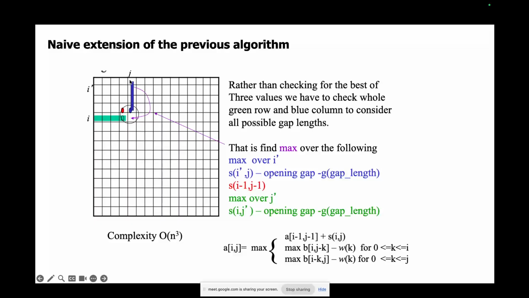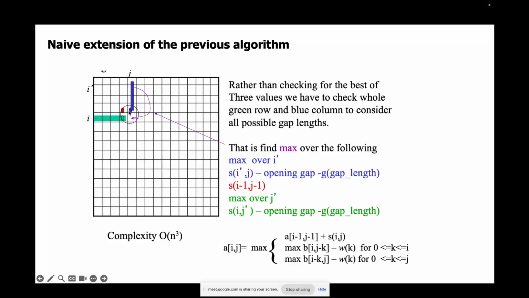Also these three boxes. So here we are opening up the possibilities that there can be a larger gap in either of the sequences, and we should consider that, try to see all the possible combinations, and then take the maximum, not just limit our combinations to these three blocks.